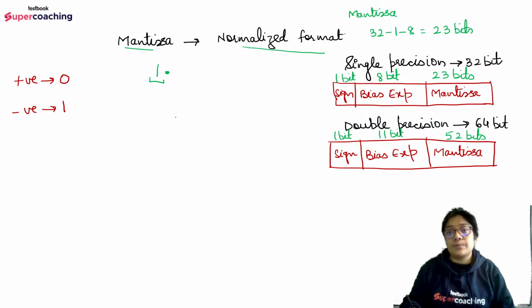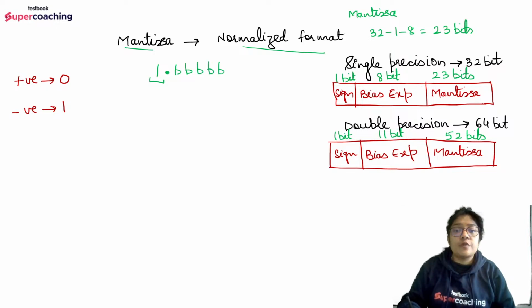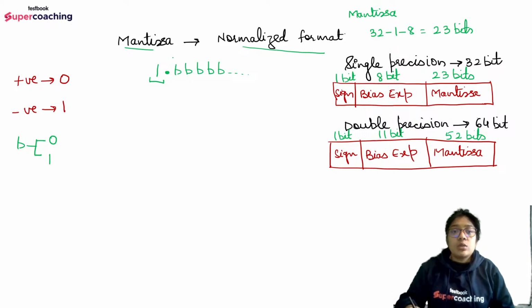This is fixed. And after decimal कितनी भी bits हो सकती हैं, it can be any combination of zeros or 1. b is representing, small b means bit, so bit आपके पास 0 हो सकता है या फिर 1 हो सकता है.